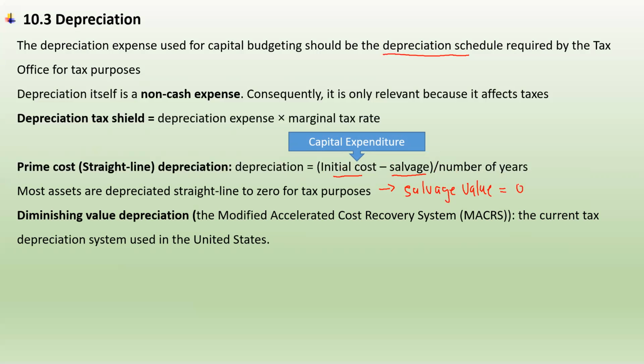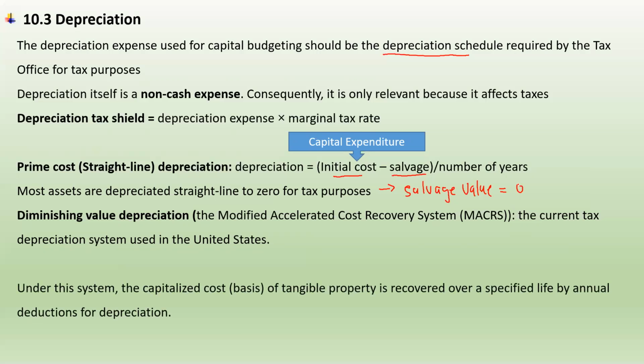The second one is called diminishing value depreciation, or we also call modified accelerated cost recovery system. This is a depreciation system used in US. We will introduce this diminishing value depreciation later. It's a fixed table. You have to use the depreciation rate of that table.